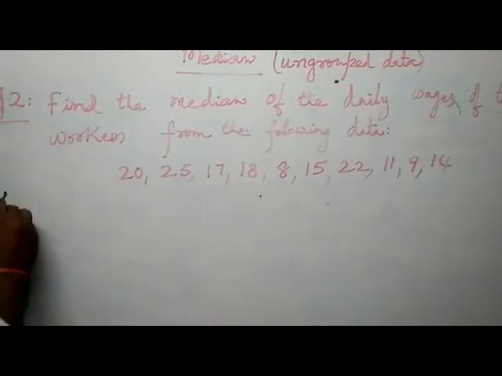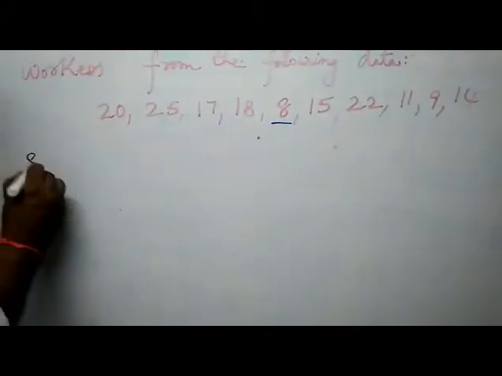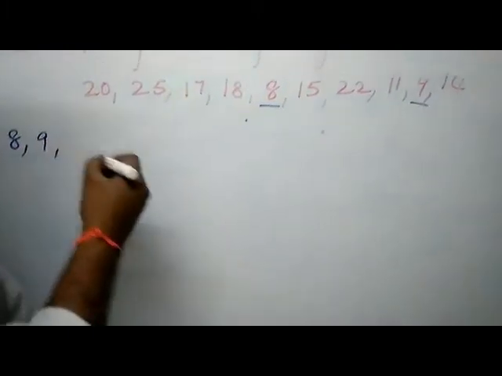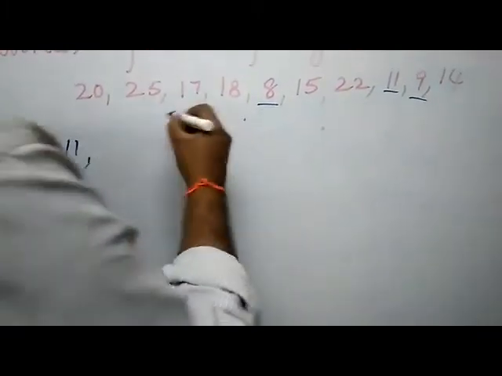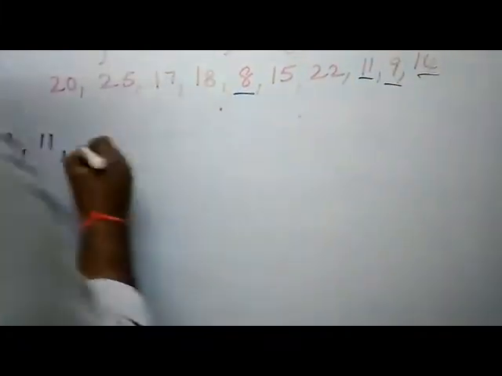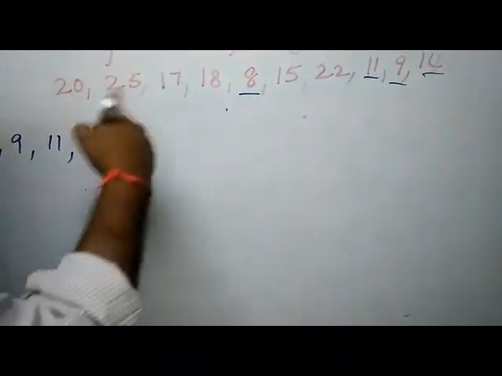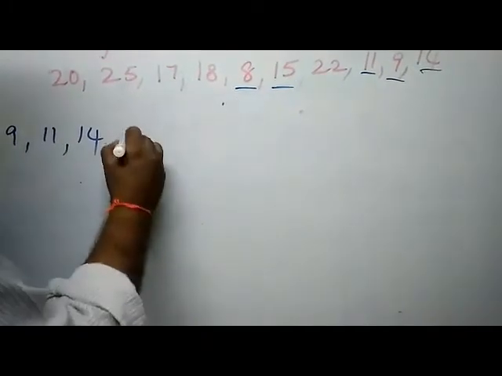Solution: ascending order. The smallest is 8. Next one is 9. Next 11. Next one is 14. Next one after 14 is 15.